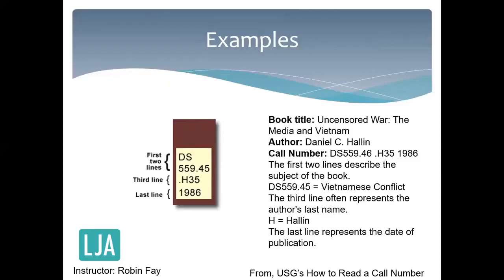So if you were the cataloger cataloging David Howe writing about the Vietnam War, and you already had Daniel Hallin's book in your collection, or you were about to import that record from OCLC, and you saw, oh, we already have H35 because I have David Howe, and this is Daniel Hallin, then you would need to change one of those call numbers just a little bit.